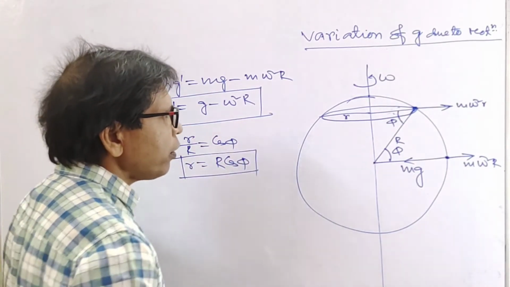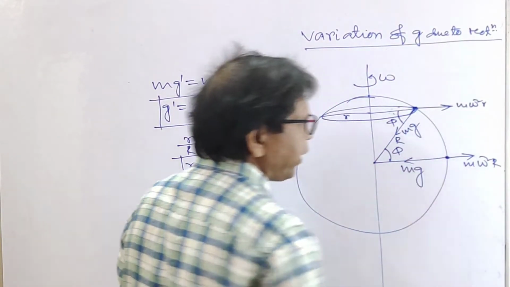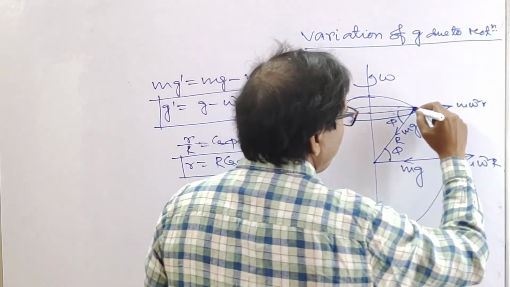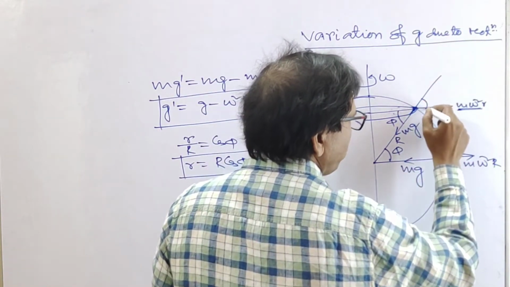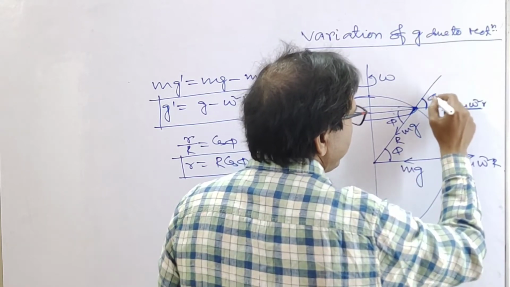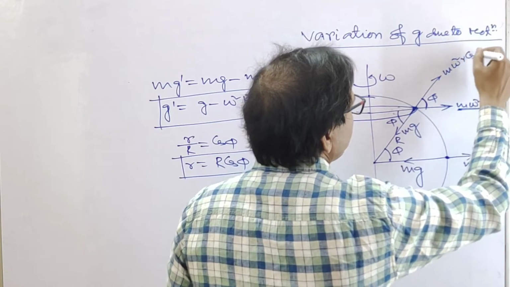Now this is the weight of the body acting towards the center. The component of this force away from the weight of the body is m omega square r cos phi.